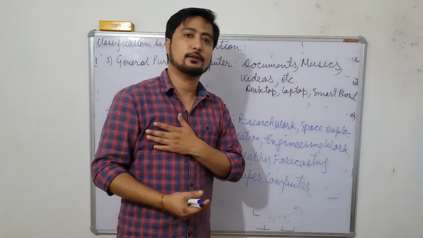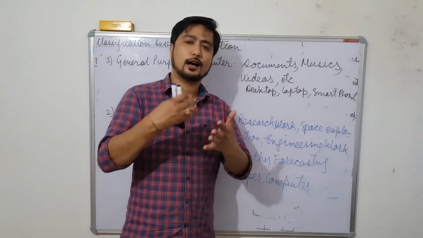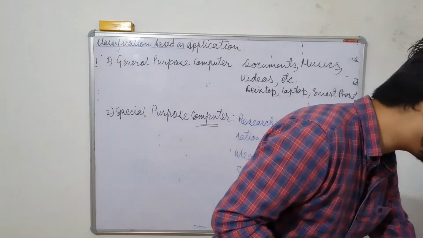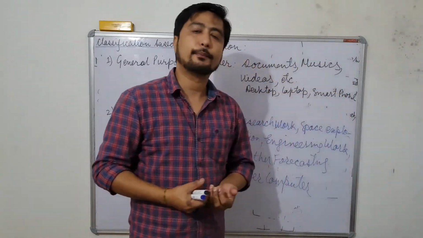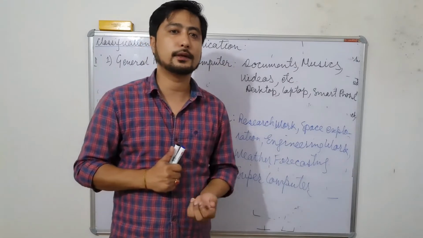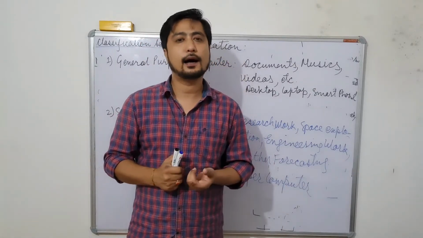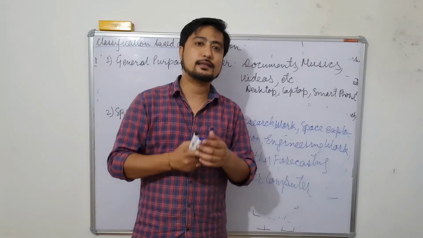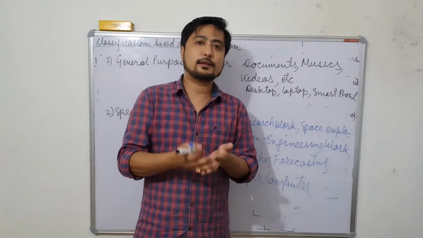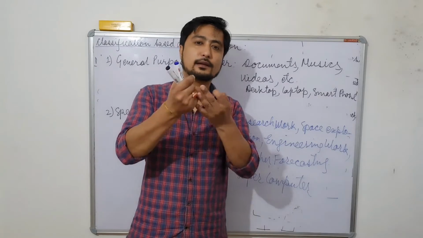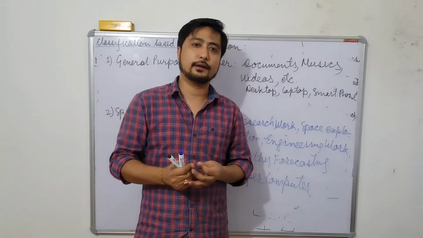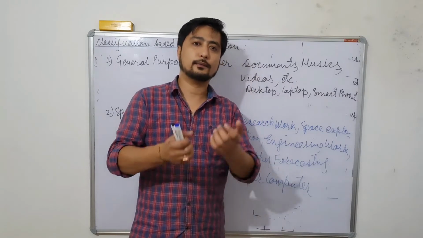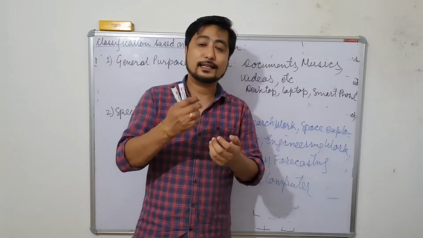In the previous class we classified the computers according to their operating principle: analog computer, digital computer, and hybrid computer. So what was the analog computer? The computer which is meant for measuring physical quantity is known as an analog computer.